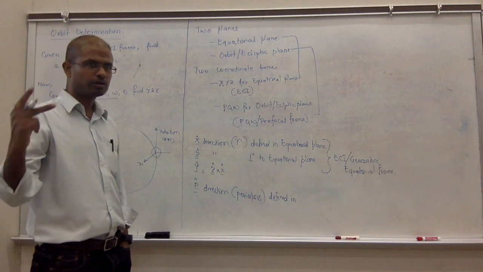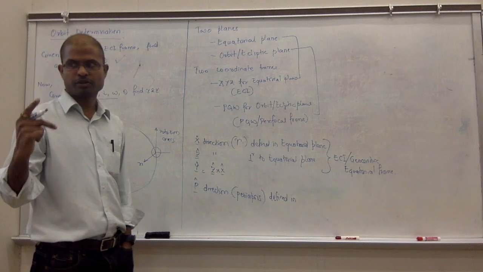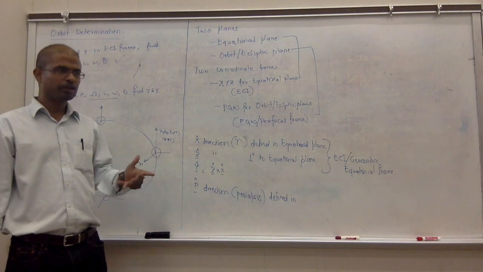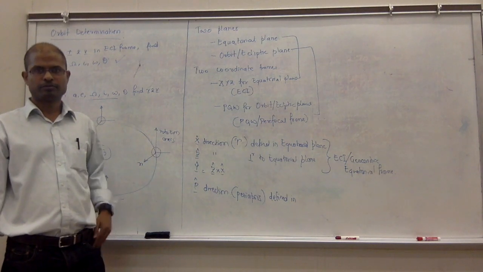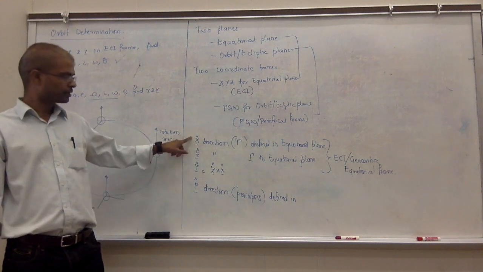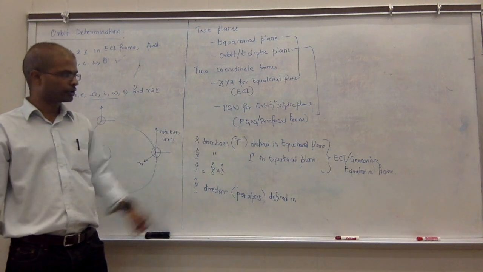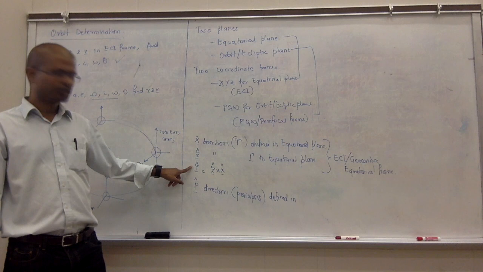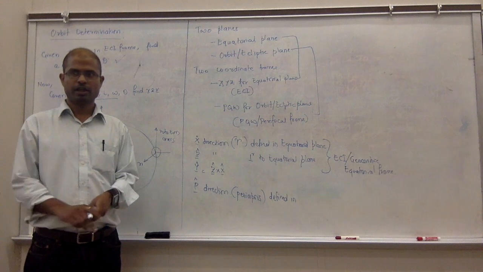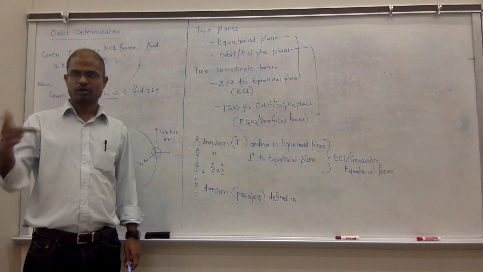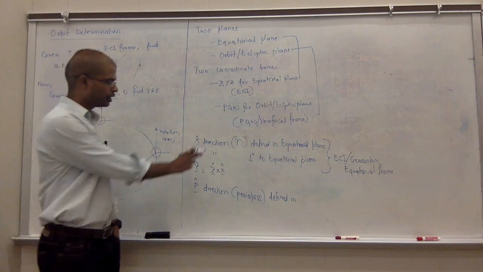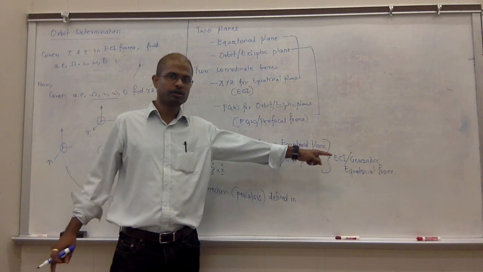You need three orthonormal directions, an orthonormal basis. How many axes do you need to define a coordinate system? Three. X-axis is the Aries direction, Z-axis is the axis of rotation, Y is Z cross X. Wherever your X and Z are, Y will automatically turn out. These three together define the ECI coordinate system or ECI frame.